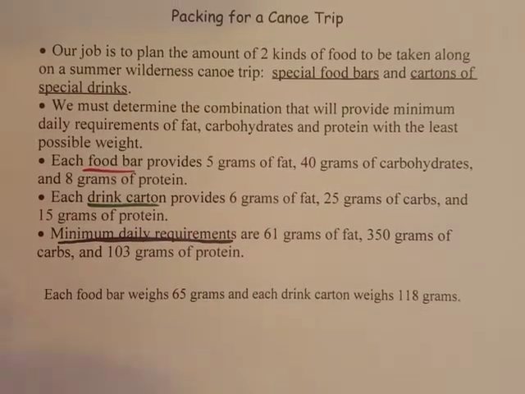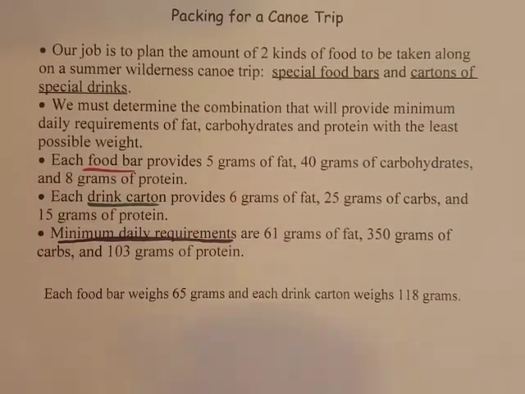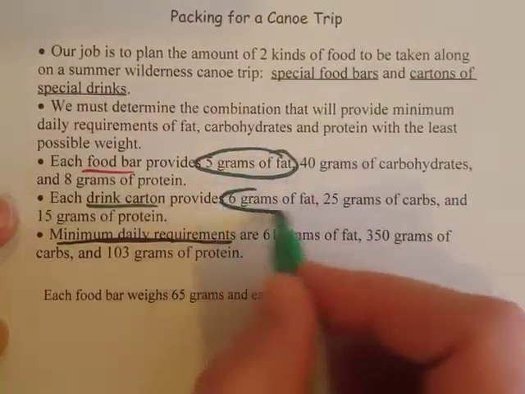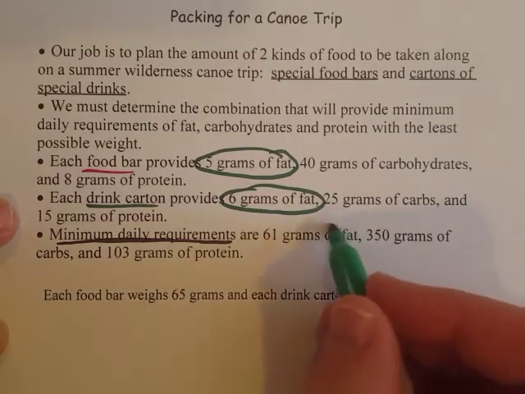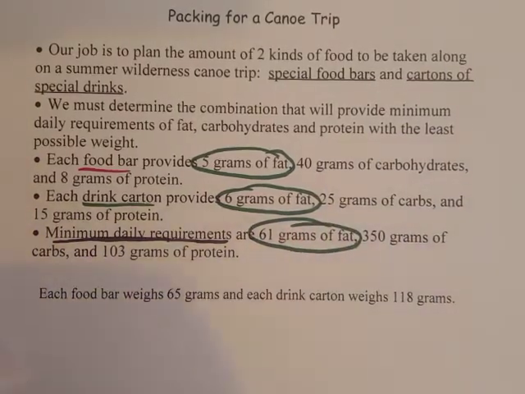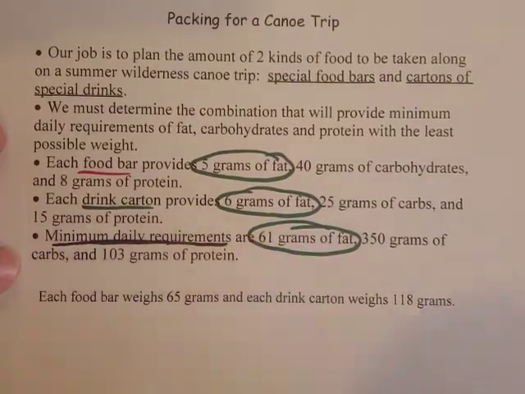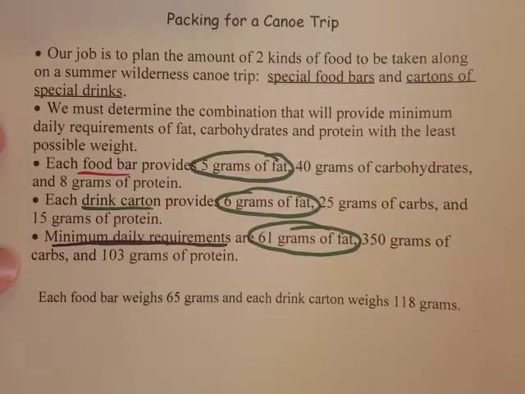Now let's look at the fat in particular. So the fat from each one, we've got 5 grams of fat here, we've got 6 grams of fat here, and then our minimum daily requirement is 61. So whatever we have, if that's the minimum, we could have more than that. That's kind of what we're looking at here.